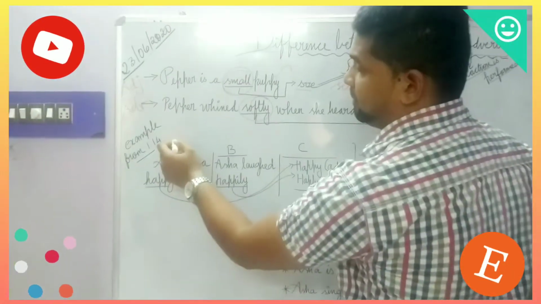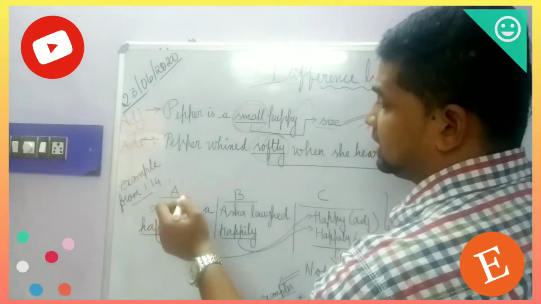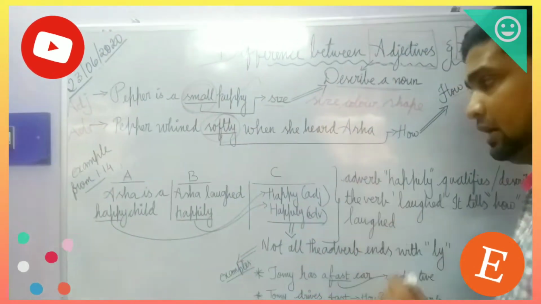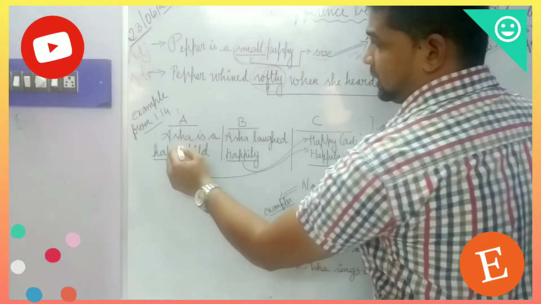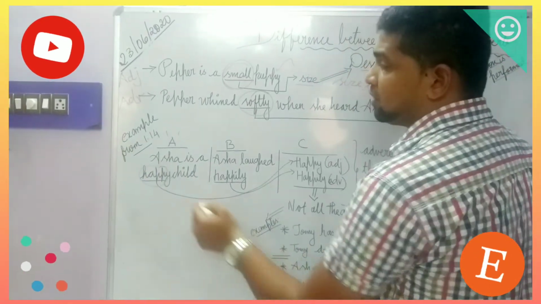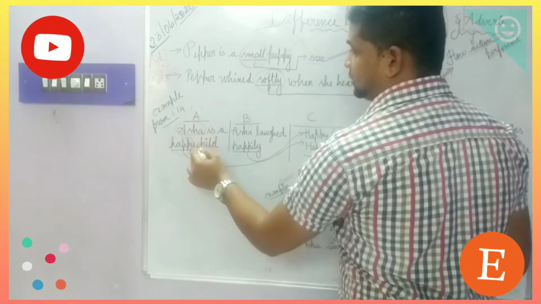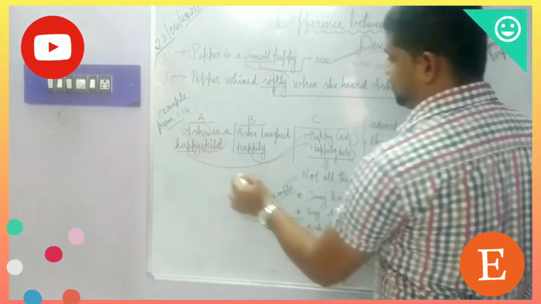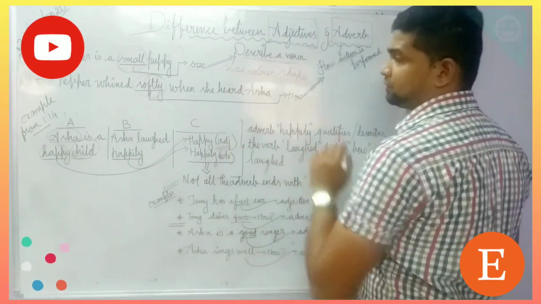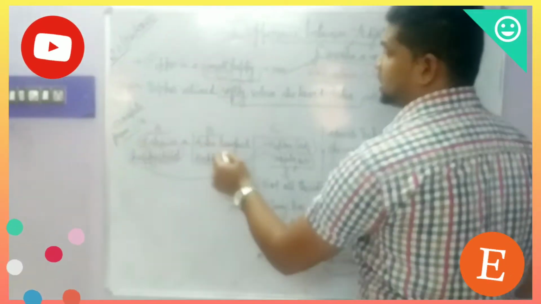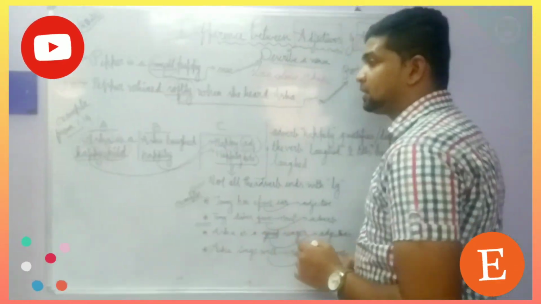Okay, column A, Asha is a happy child. Happy is an adjective for the noun child. Here Asha and child are nouns. Happy is an adjective.